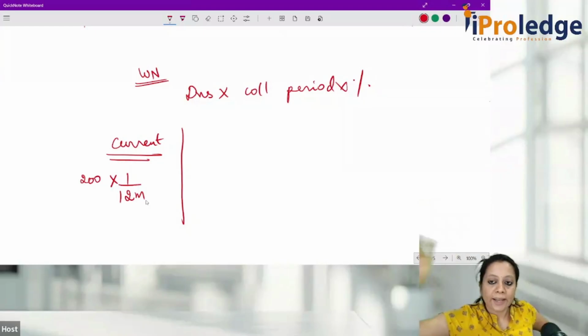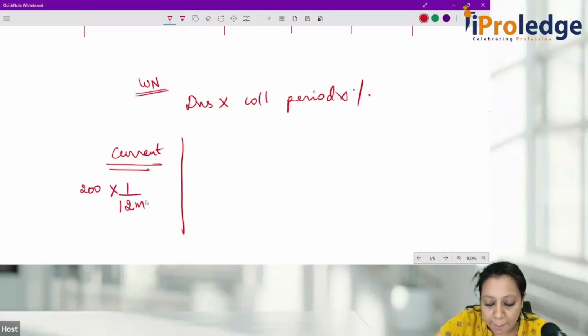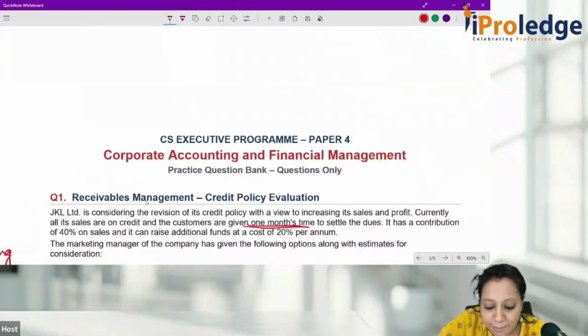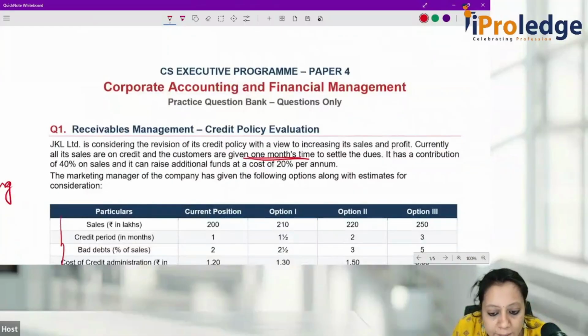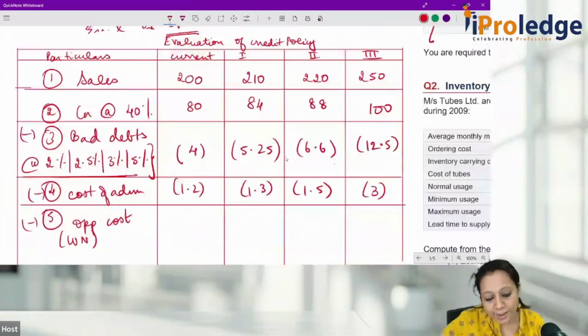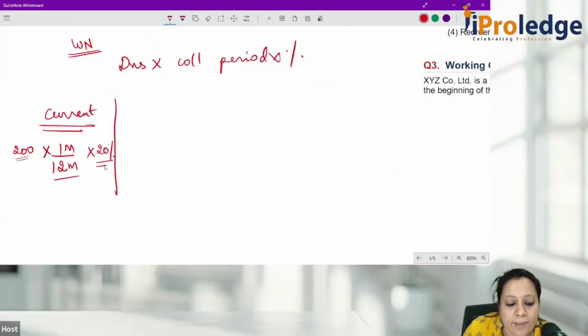And had I invested this anywhere else, instead of giving this money in the business to the debtors and waiting for 1 month? See, for example, in the stock market, just an example, I would have got 20 percentage. So it is going to be into 20%.